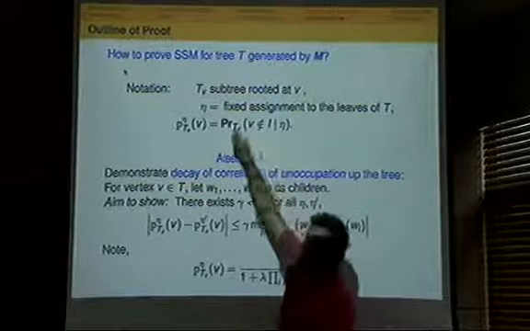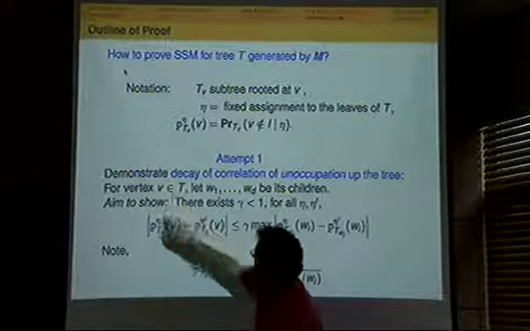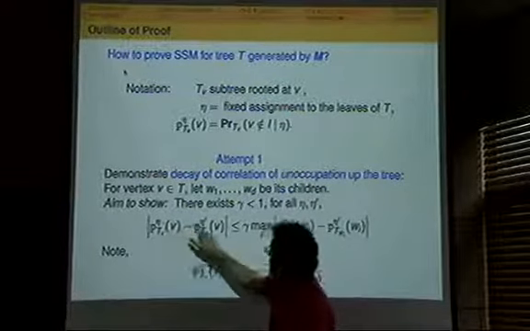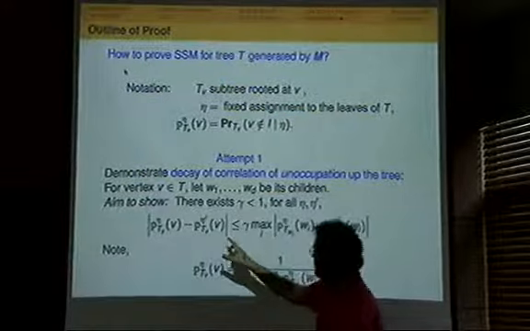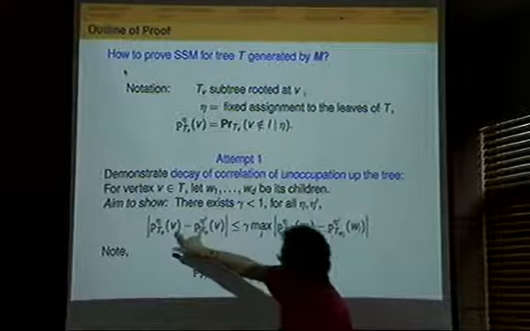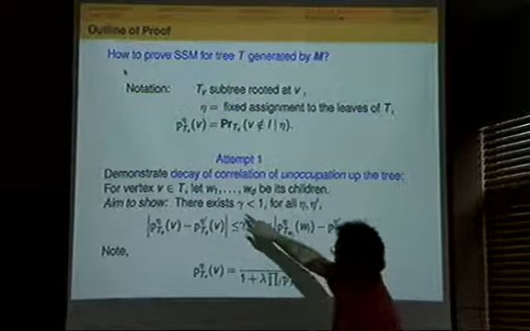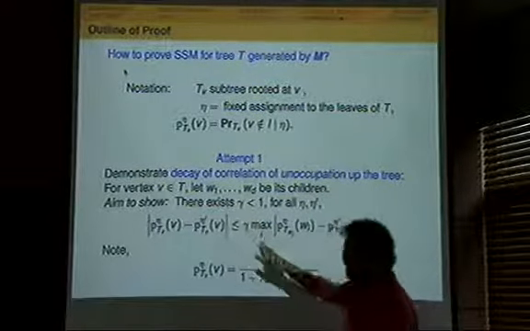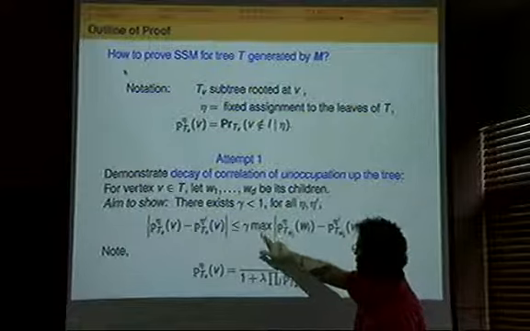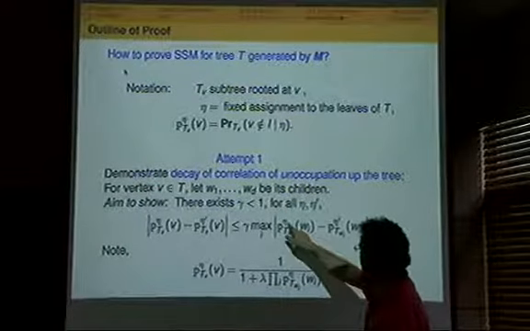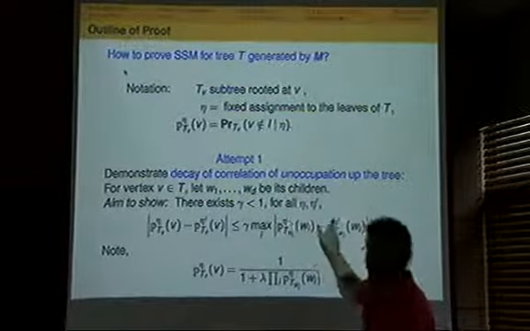What I want to show is that if I look at the marginal at a vertex for 2 different boundary conditions, the difference is smaller than the marginal at any of its children. So I look at its children, and I look at the worst child, the difference in the marginals from this pair of boundary conditions.